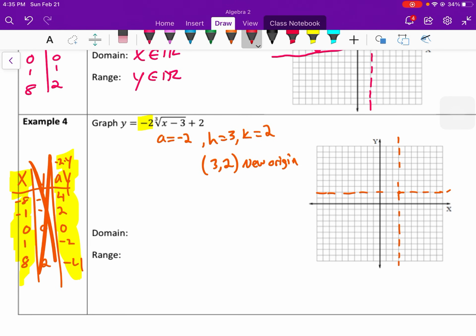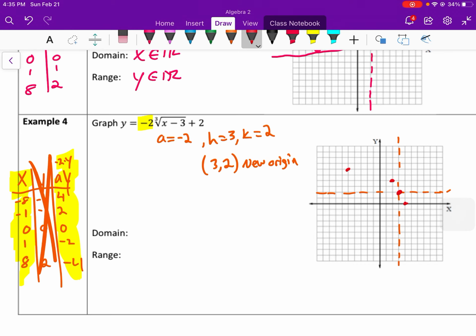So our new origin is right here, and our first ordered pair is back 8 and a +4. So to the left 8, up 4. 1, 2, 3, 4, 5, 6, 7, 8. 1, 2, 3, 4. Then we have -1, 2. 0, 0 is a point. 1, -2.